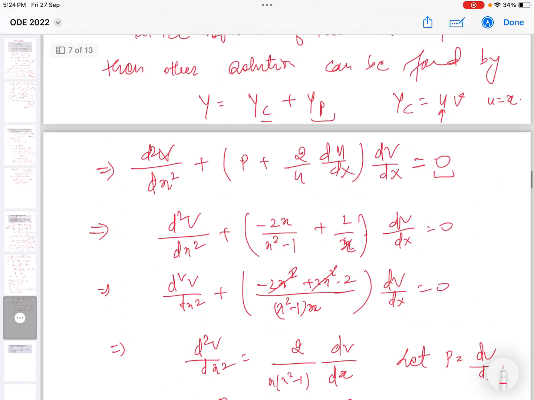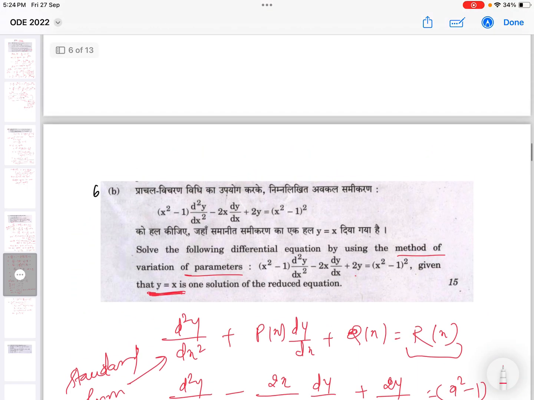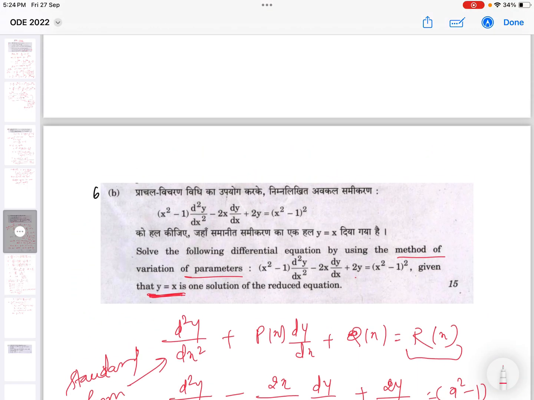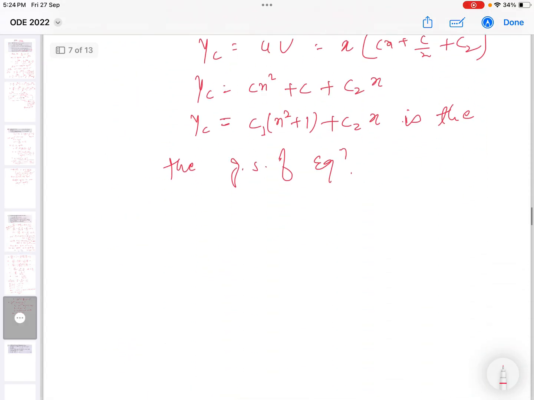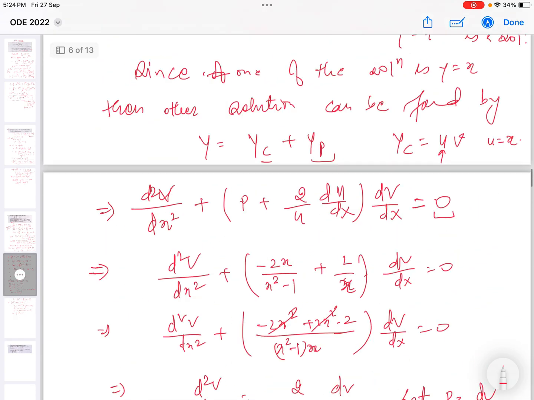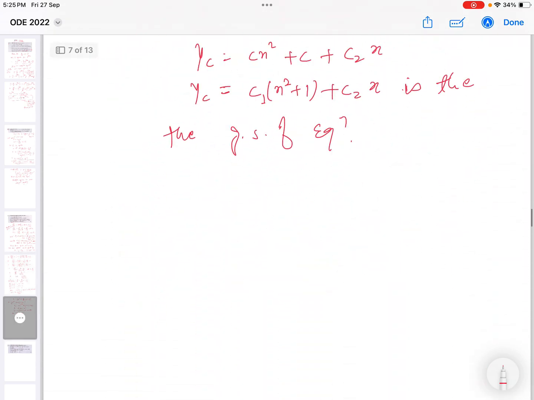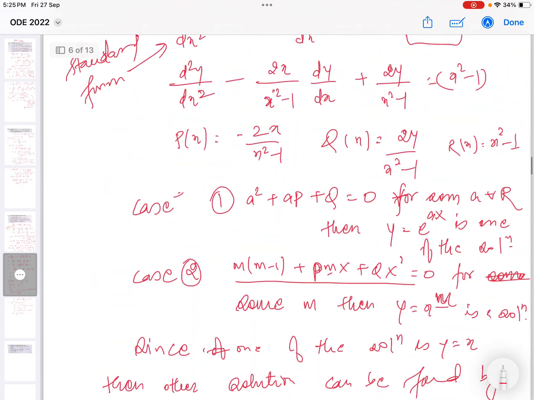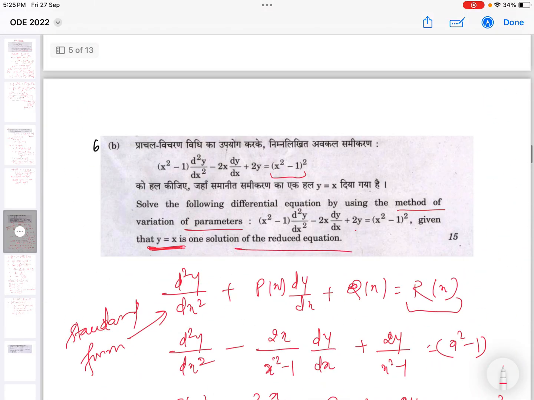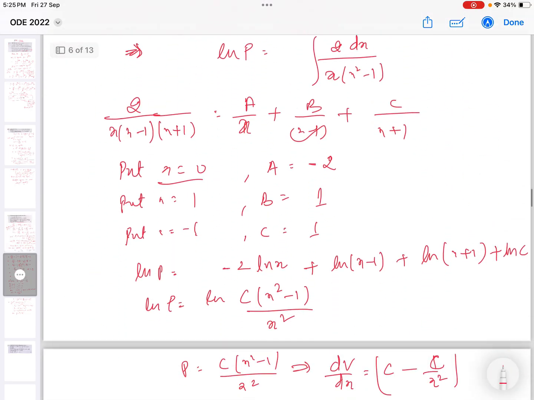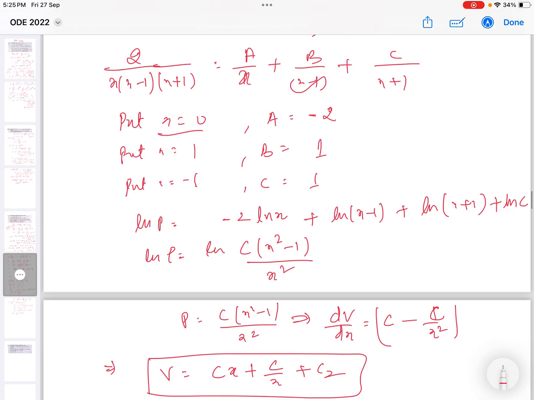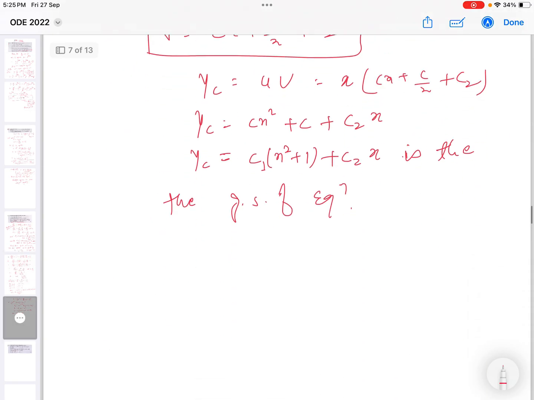Now we have to find the particular solution. Since the RHS term is also there, had this term not been there, we would have already reached our solution. So now finding the particular solution using the method of variation of parameters, for that we need to calculate the Wronskian. If I'm not wrong with respect to pronunciation, Wronskian.